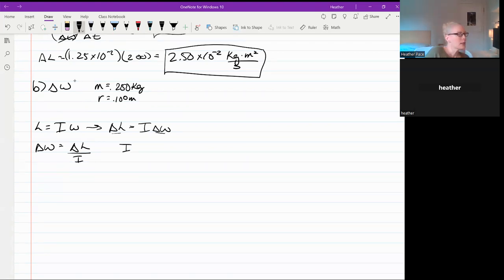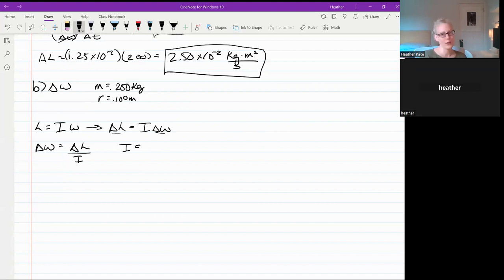And I is the moment of inertia. That is something that you can look up online. There are some listed in the book. It is specific to the shape of the object and the density and the distribution of density around its center of mass. It is nothing that you will ever be asked to figure out.